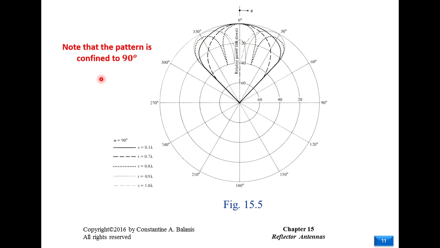And one important thing here, because the antenna is a 90-degree antenna, there is no radiation outside. We focus our pattern into this 90 degrees of the reflector. So it is an idea for focusing the signal into a specific direction.